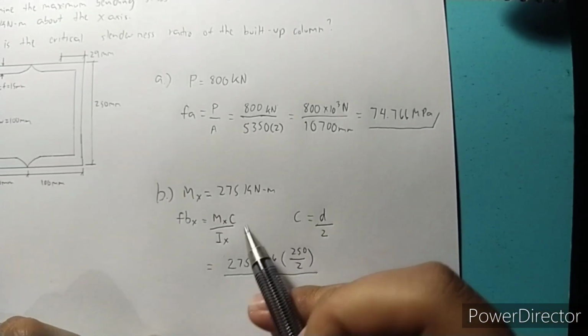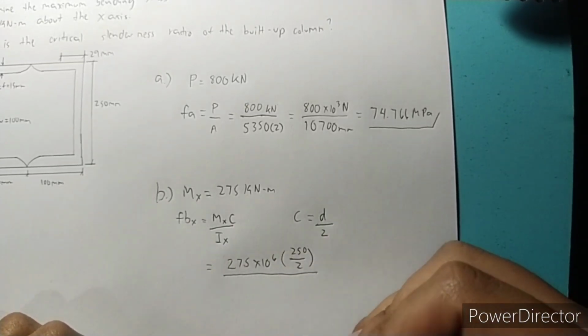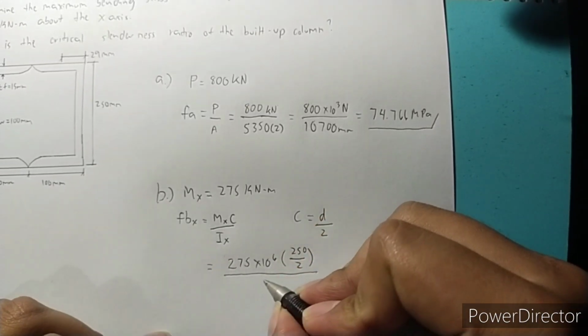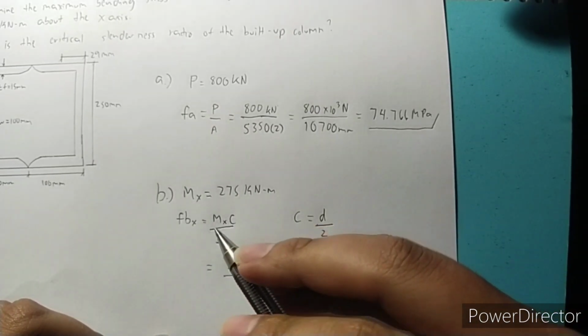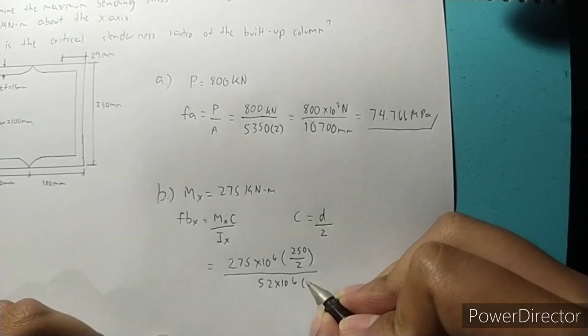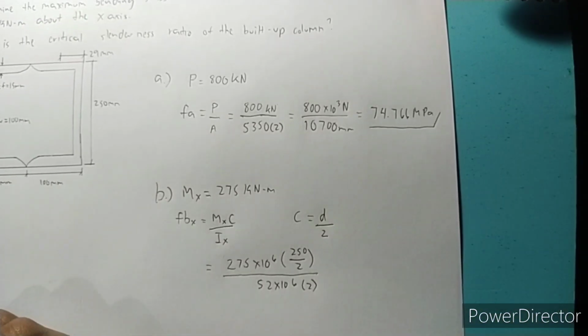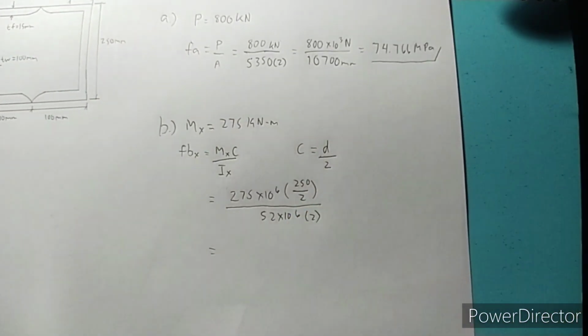All over the I natin, yung moment of inertia with respect to x na 52 times 10 raised to 6. Dahil nga dalawa, multiply by 2.